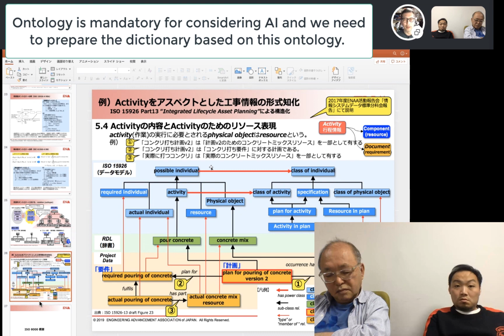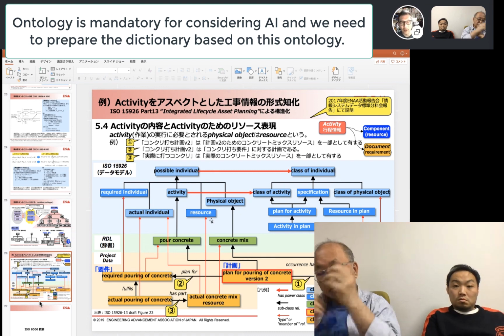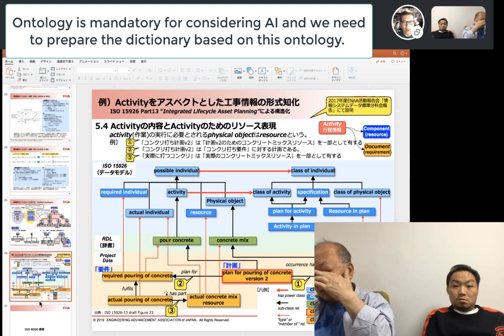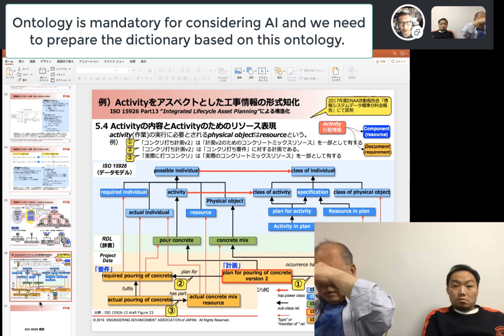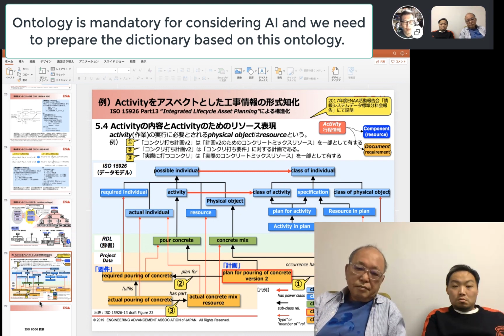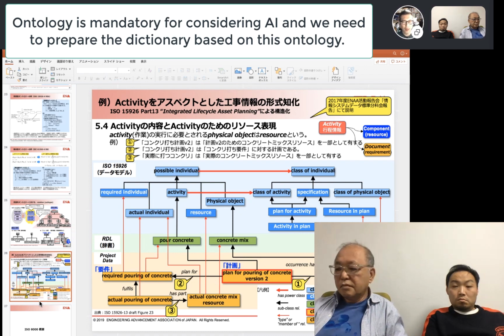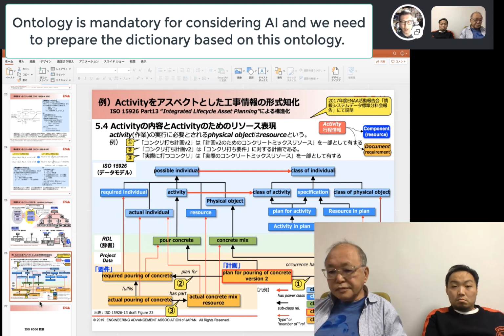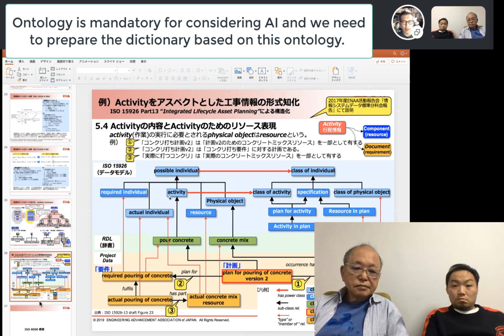And this is one example of the activity model using the dictionary. From left-hand side to the right-hand side, this chart drawing shows from a requirement and plan to the actual result of the activities, which are clearly modeled with each dictionary, and also the relationship with other components of the dictionaries.